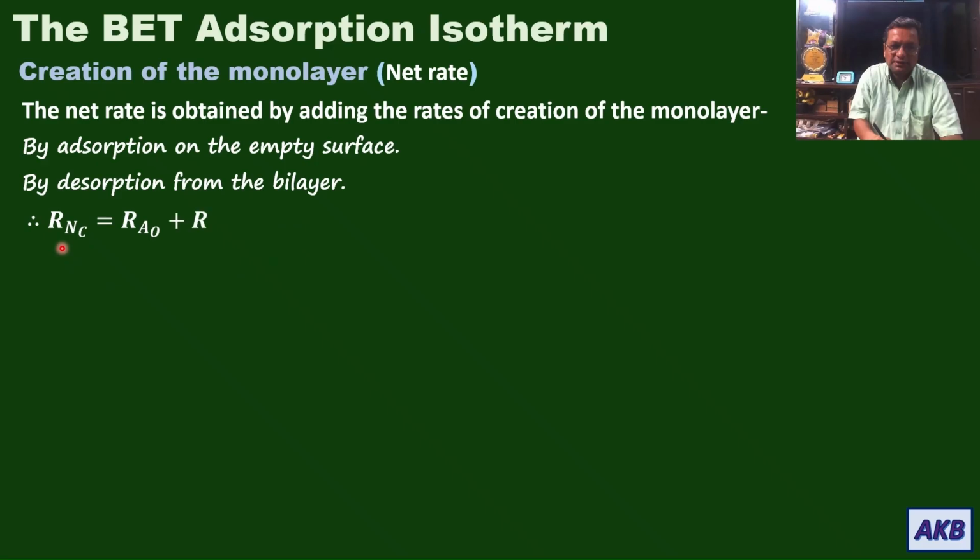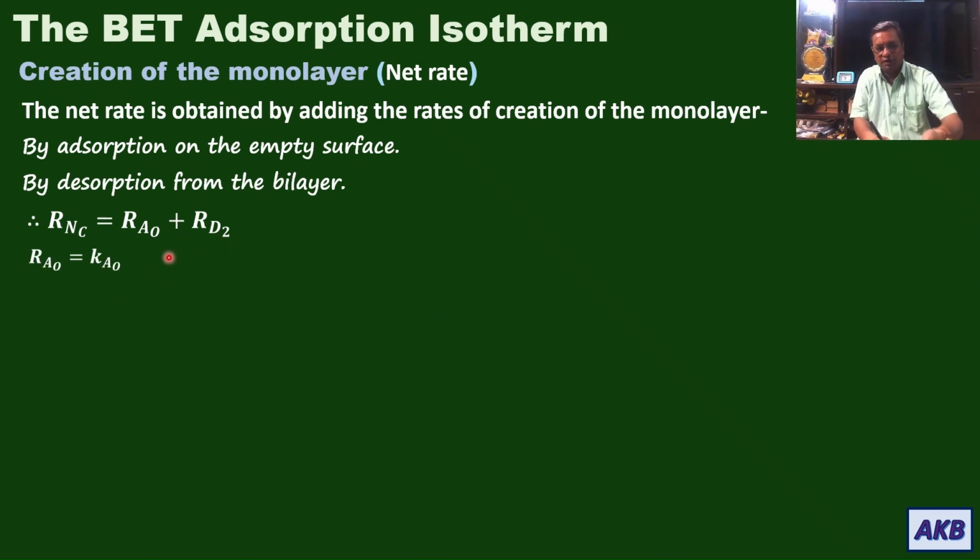So if the net rate of creation of the monolayer is RNC, then RNC will be equal to RA0 plus RD2.